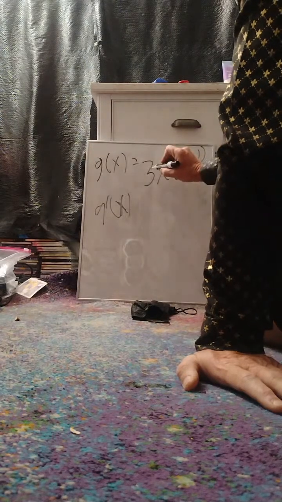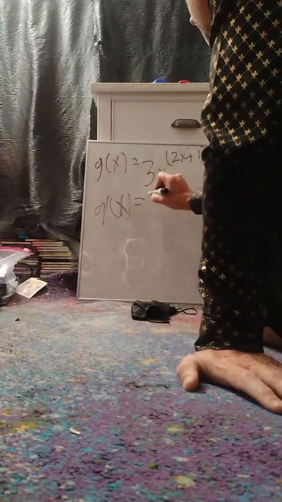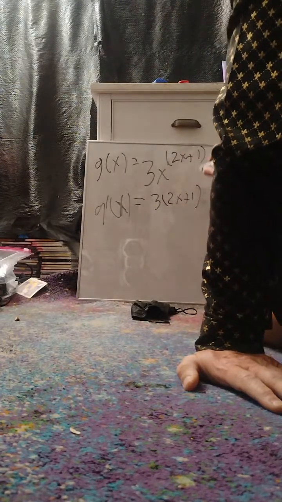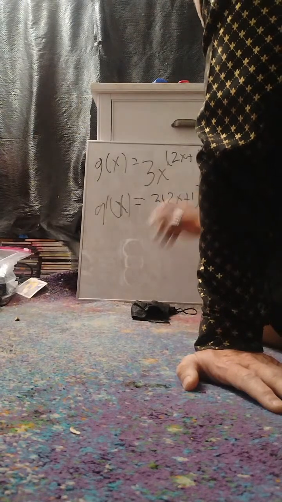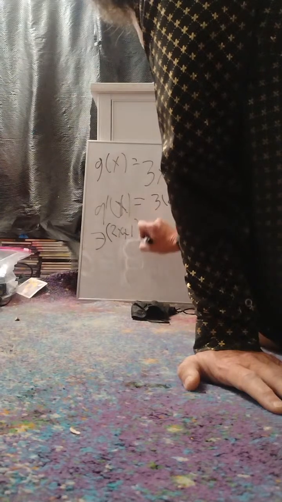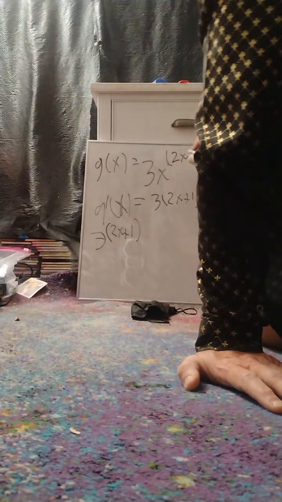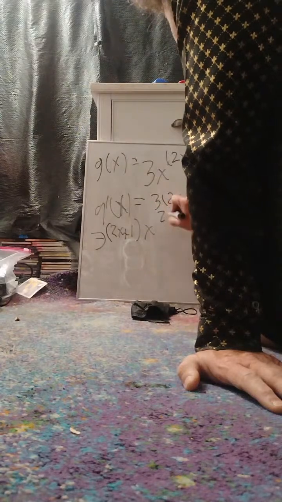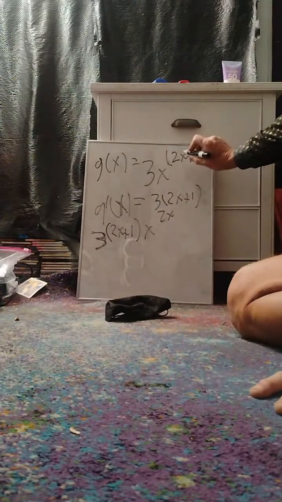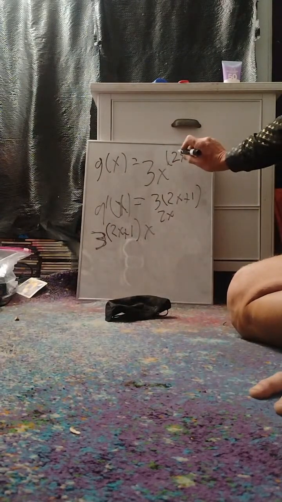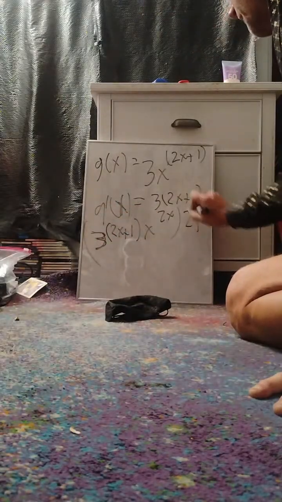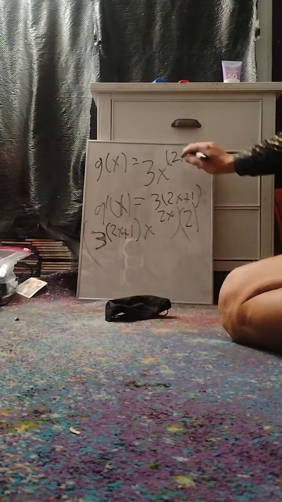So this times this is 3 times 2x plus 1 times this minus 1, so I'd write 3 times 2x plus 1 times x to the 2x. But then I got to take this times the derivative of this thing, which is 2. So that would mean this all times 2.